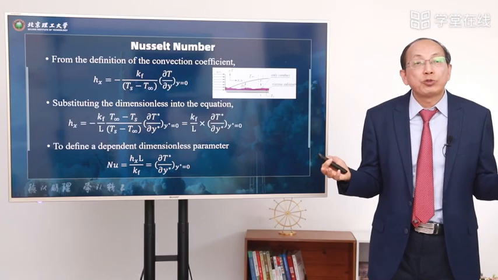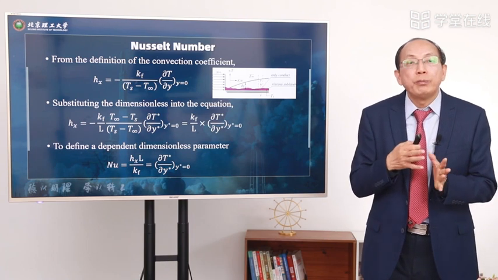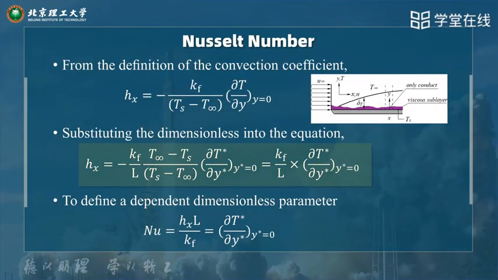Certainly we can make some changes, using dimensionless parameters. So finally we can obtain hx equals minus kf over L times t infinite minus ts over ts minus t infinite times partial t star over partial y star when y star is 0.